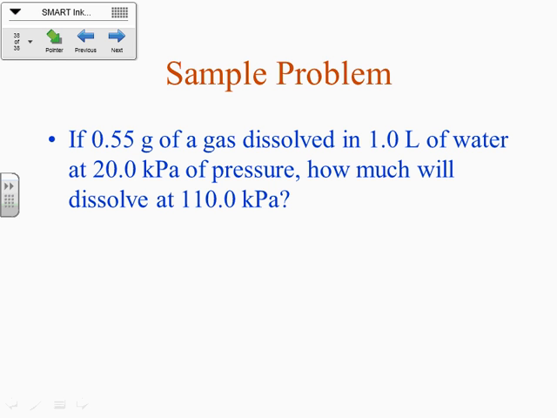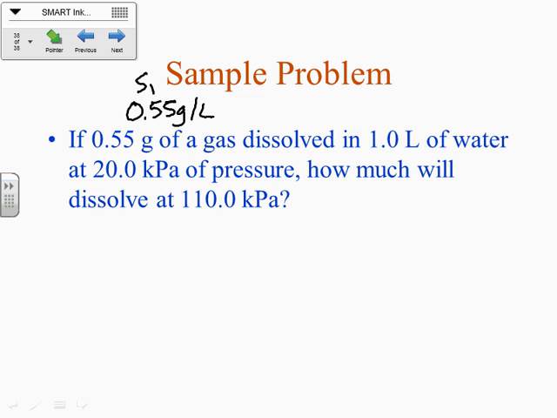Okay, so again, what's our solubility on this first one? 0.55 grams per liter, because this is in 1 liter of solution. So that's our S1, okay? What's our P1? Yeah, 20.0 kilopascals.